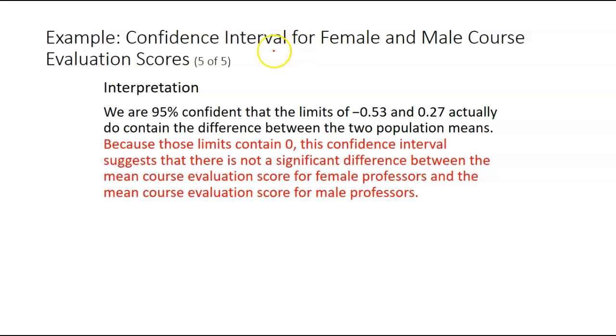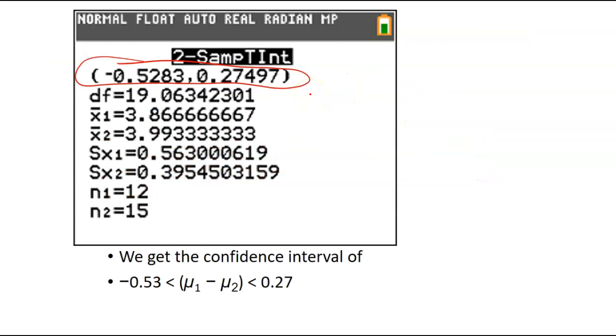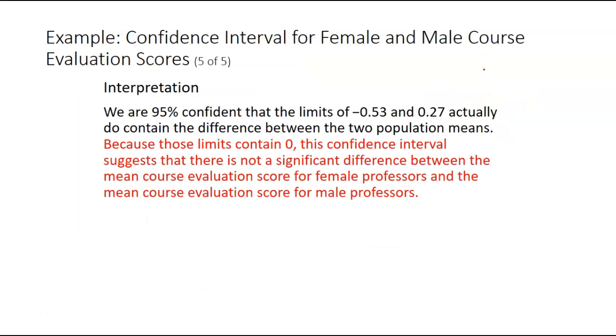As far as interpreting our confidence interval, if we look at the interval here, it does contain 0. If it does contain 0, basically what we're saying is that mu sub 1 minus mu sub 2 could equal 0, potentially, since 0 is between these endpoints. So potentially mu sub 1 could equal mu sub 2, and therefore the two means could be equal to each other.